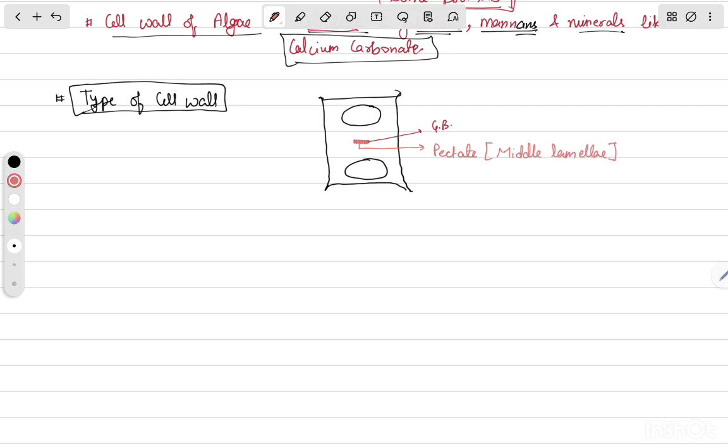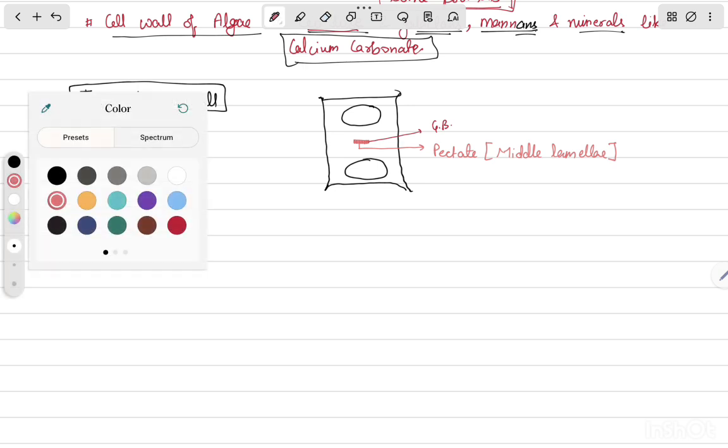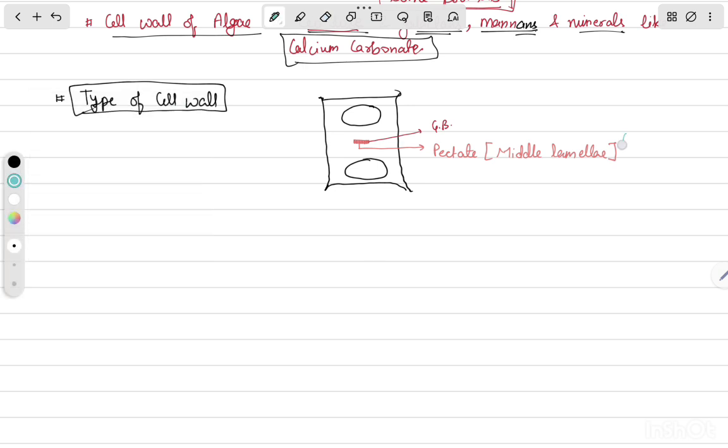Or we can say, other than middle lamella, we can also call it cell plate. And this cell plate is termed as the precursor of cell wall. Right? Now, this pectate will start growing towards the end.